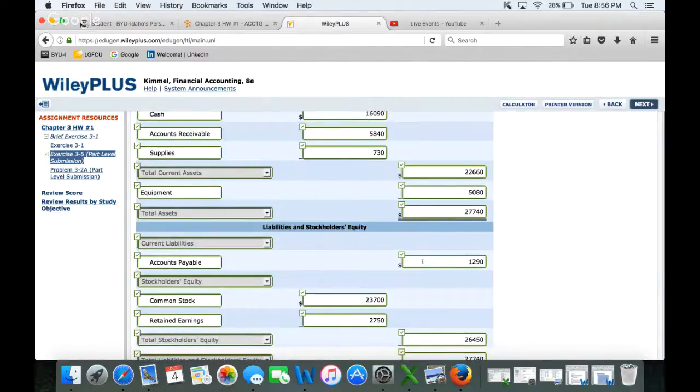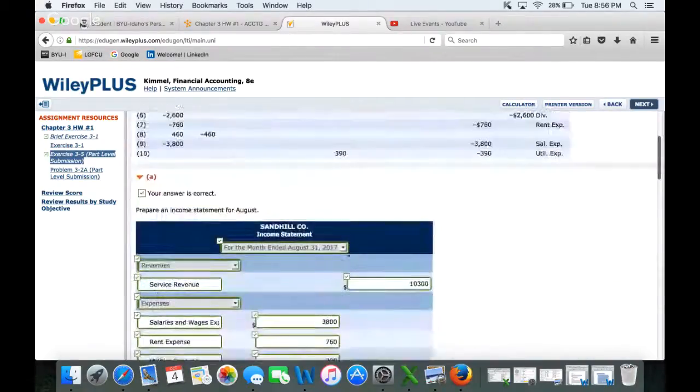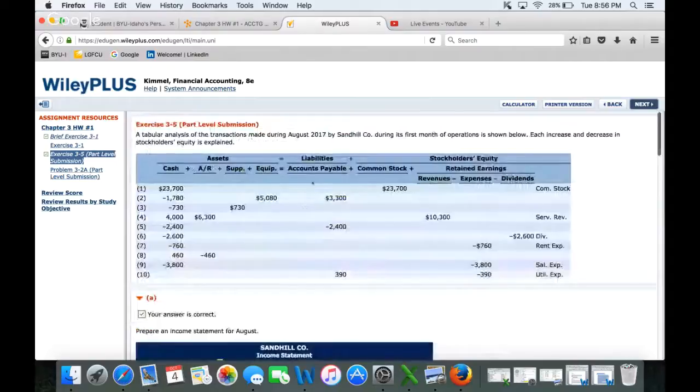And then moving on to the liabilities and stockholders' equity section, you'll start off with the current liabilities, which when you take a look at it, are just going to be those accounts payable. And so you start with the 3,300, and then that changes a little bit later on.